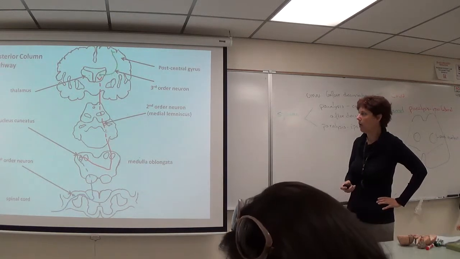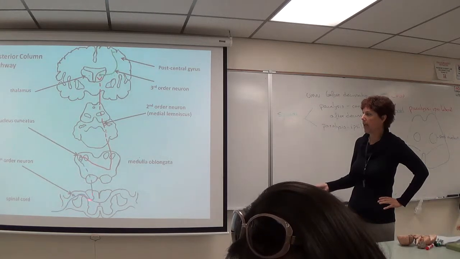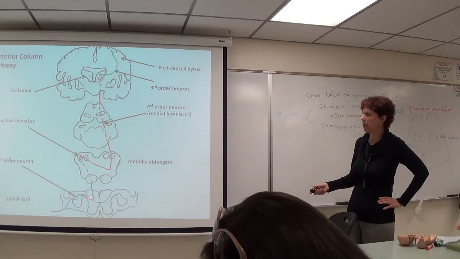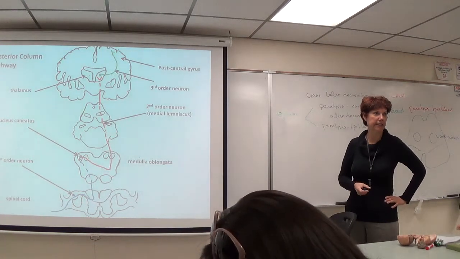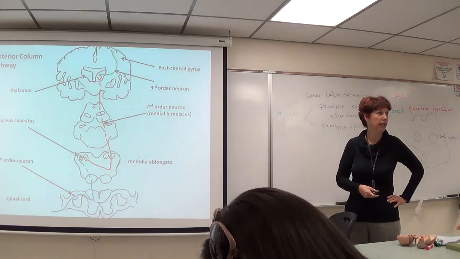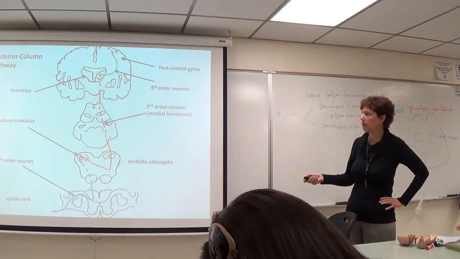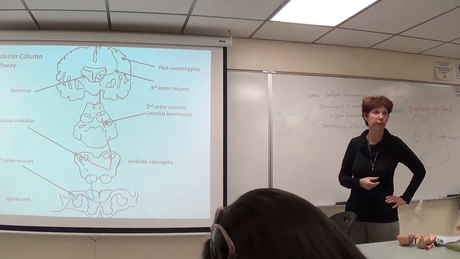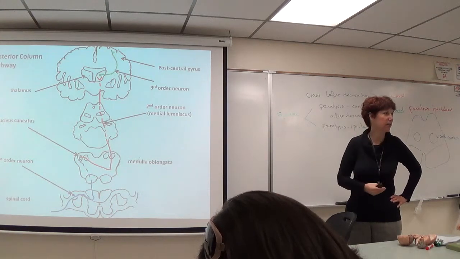Or let's say you took your first order neuron and had it stop in the posterior gray horn, and your second order neuron went up the posterior column pathway to the nucleus cuneatus and gracilis. Well, your second order neuron wouldn't get any credit at all, because you didn't have it cross over and its cell body was in the wrong place, but I would give you partial credit for your first order neuron, because at least you had the cell body in the dorsal root ganglion coming into the dorsal root.